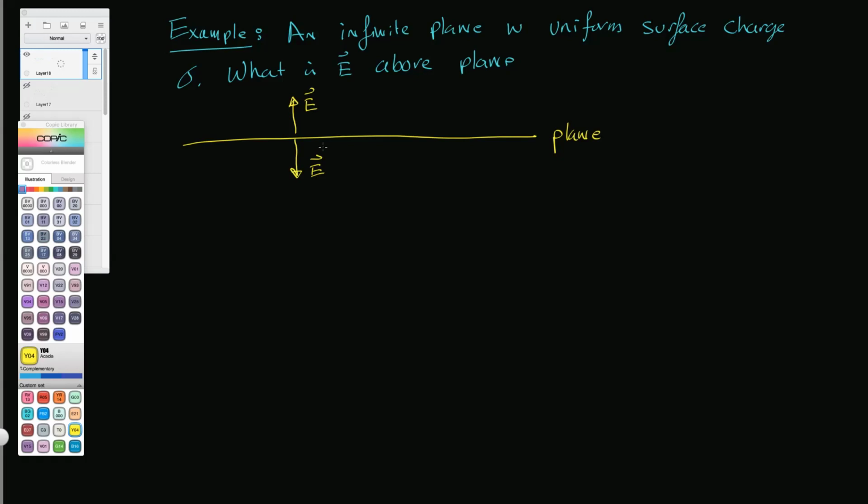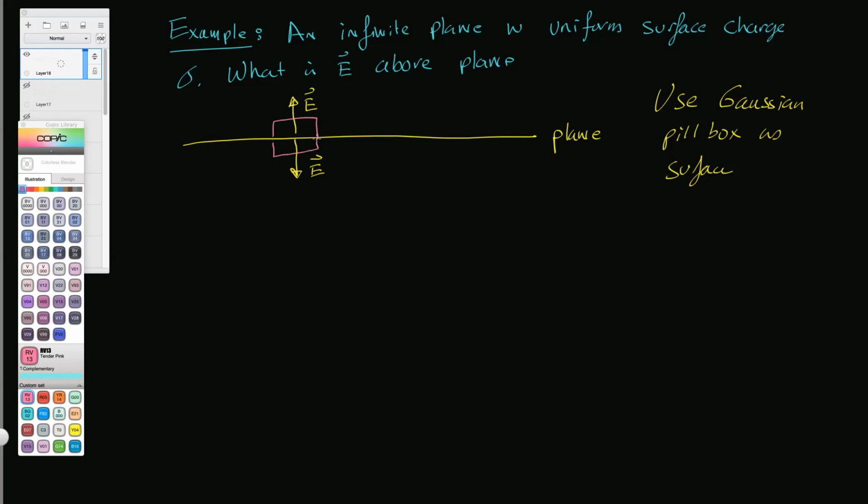All right. So to use Gauss's law to get this, we use what's called a Gaussian pillbox as our surface. And that's a pretty easy thing to visualize because it really does look like just a little box. Sometimes people draw it as a little cylindrical box, but it spans the plane like this, right? It's above and below the plane.